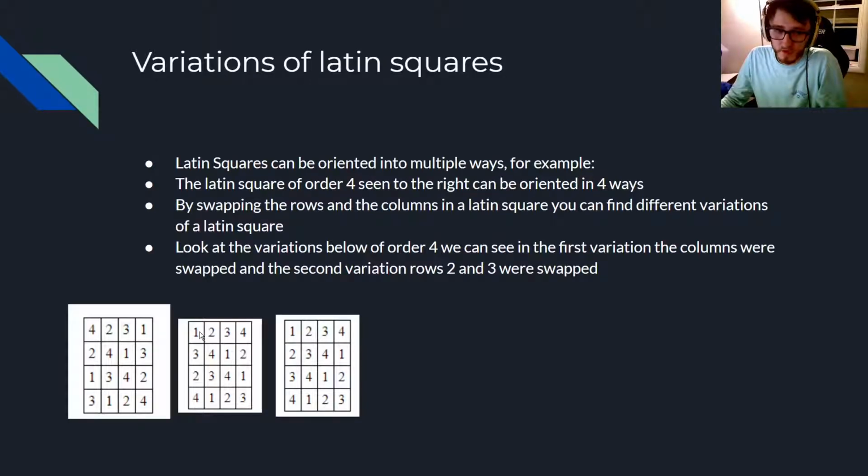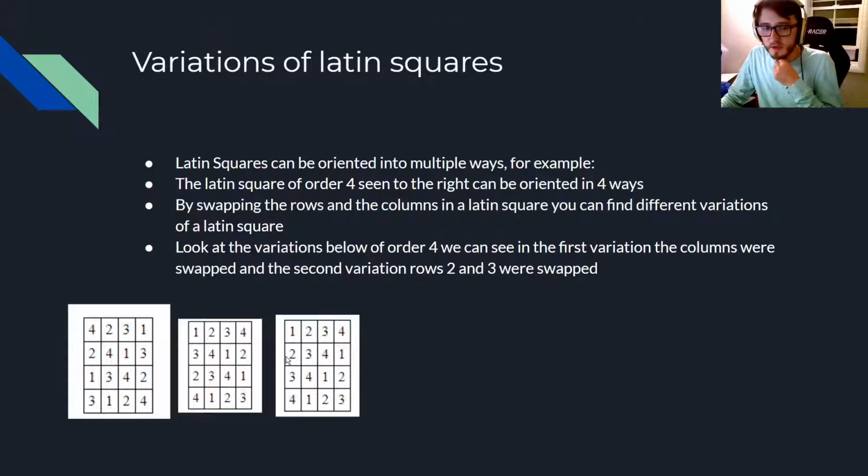So just to check this, we have a 1 in row 1, column 1. We look down the column, there's not another 1 in this column. Look at the row, and there's not another 1 in this row. And then moving forward, we could do the same thing by changing the rows around. Here we changed row 3 to row 2 and row 2 to row 3.